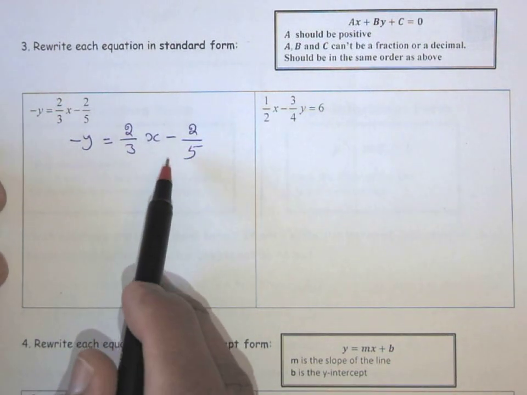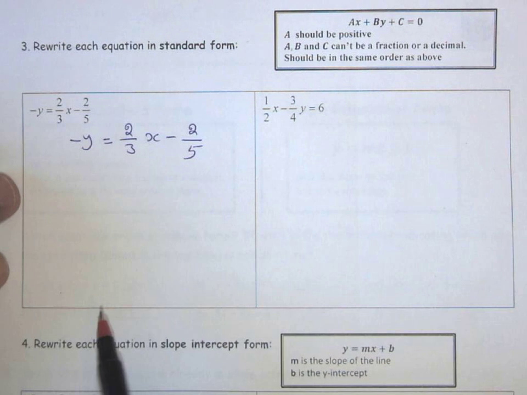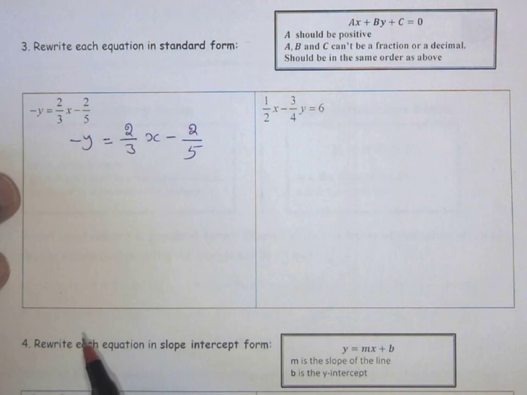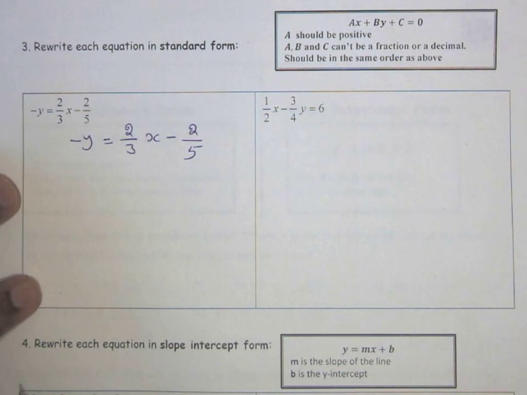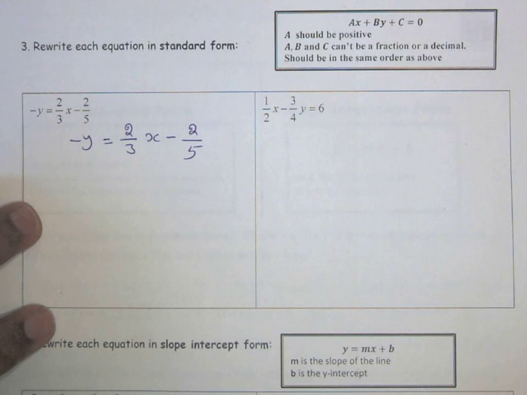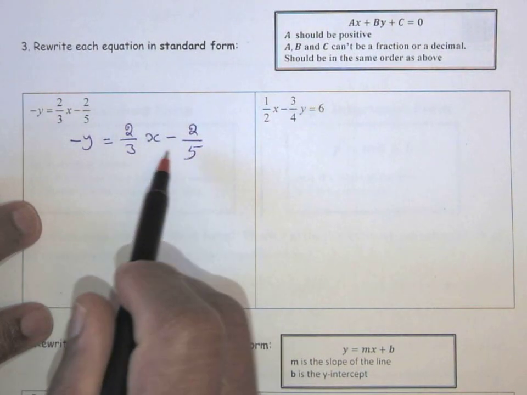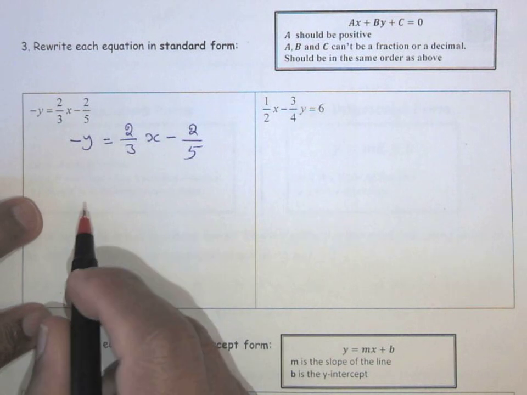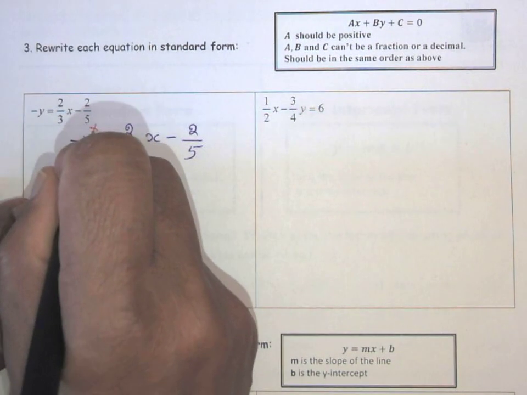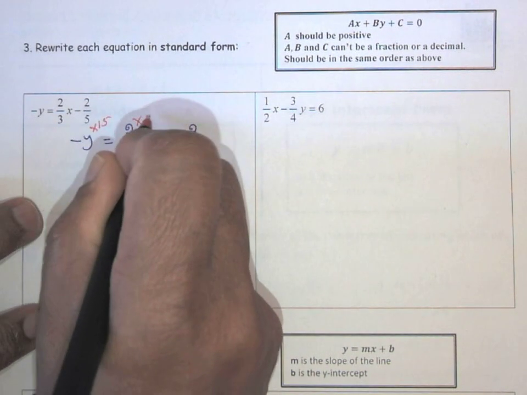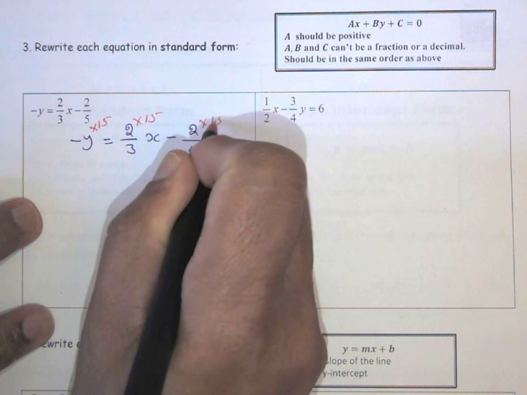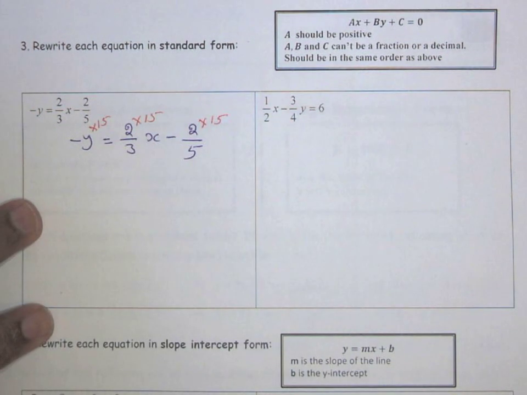How do we do that? The only way is to multiply with a magic number. So what is a magic number here? The magic number is nothing else, it's a common denominator. What is the common denominator here? It is 15. So you need to multiply every term with 15 to get out of that fraction.